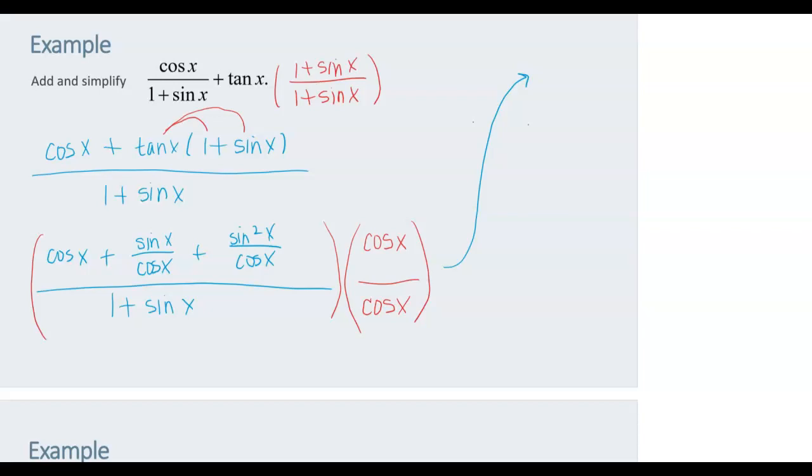So I'm going to first multiply over here. That's going to give me cosine squared. Then I'll multiply here. The cosines are going to cancel. And then I'll multiply here. The cosines are also going to cancel.